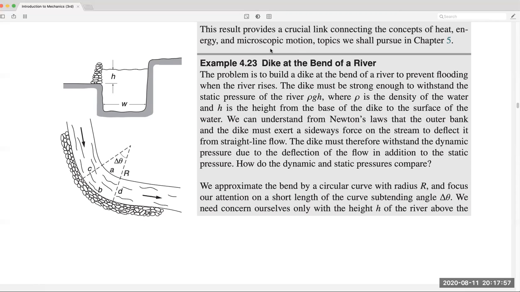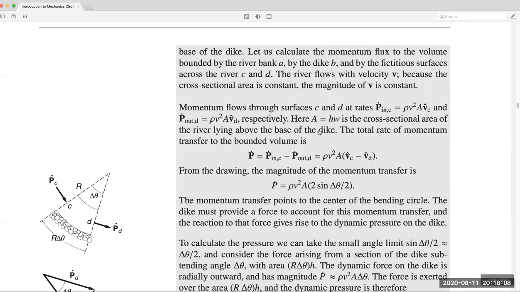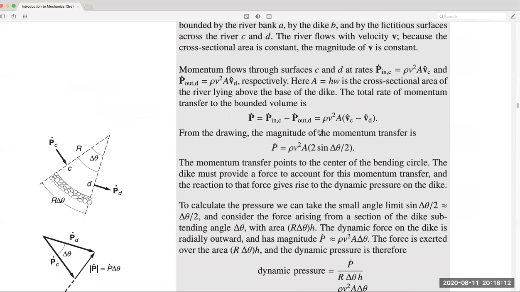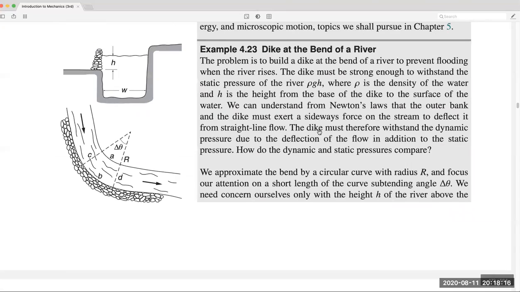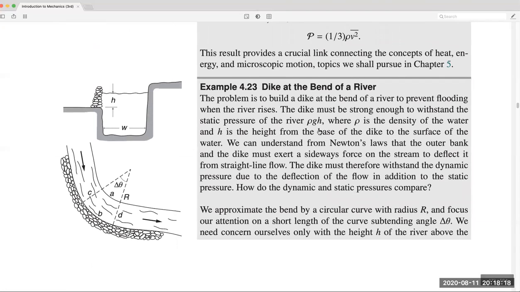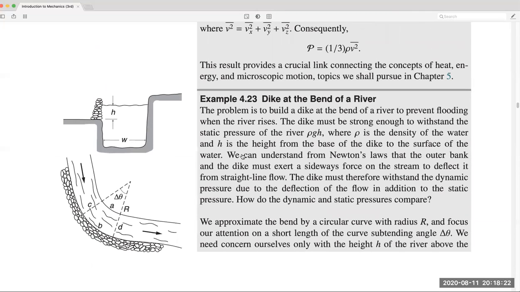Wait, static pressure refers to mgh, so the rho gh. I don't know they have this term.